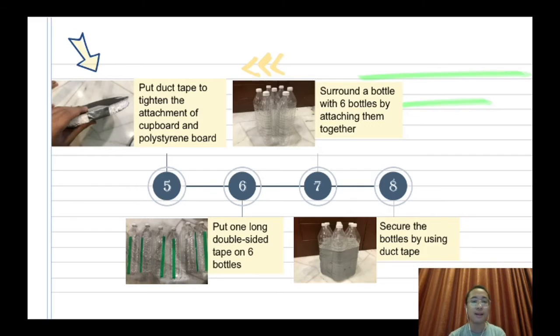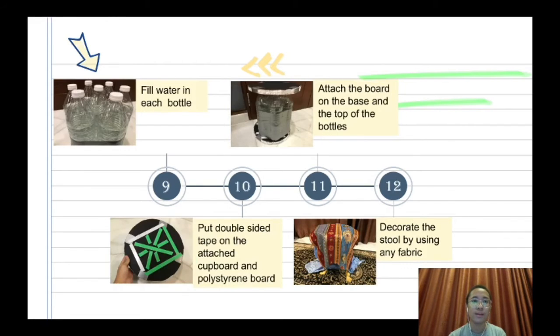The sixth step is to put 1 long double-sided tape on each of 6 bottles. And then surround a bottle with 6 bottles by attaching them together. After that, secure the bottles by using duct tape. Next, fill water in each bottle to make them stable.